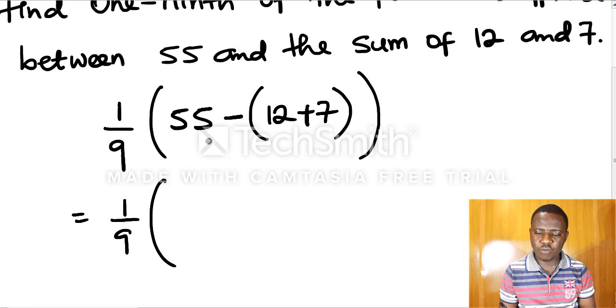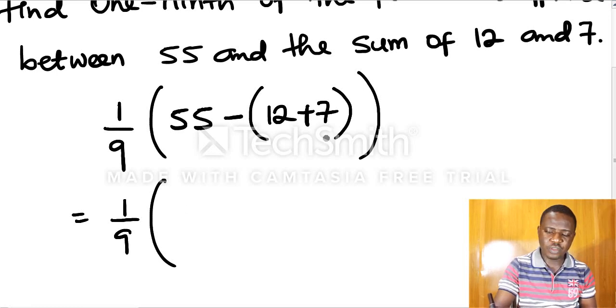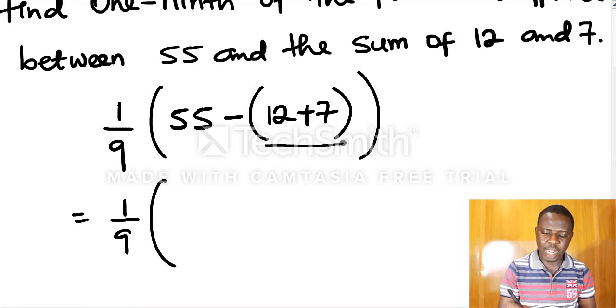I'll first of all solve the inner bracket before the outer one. The sum of 12 and 7 is 19.